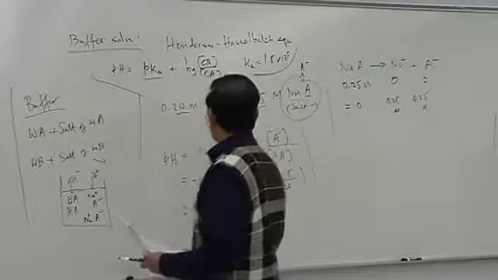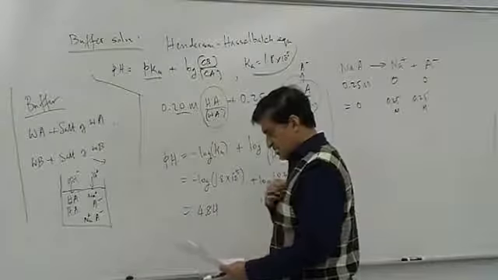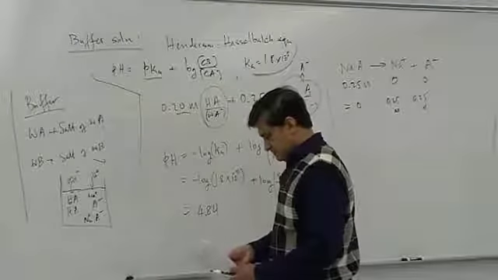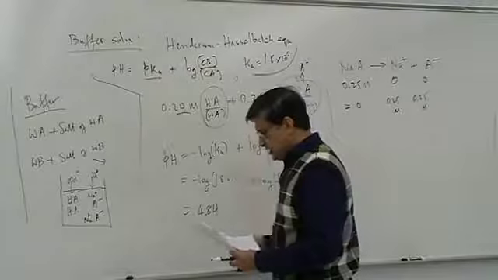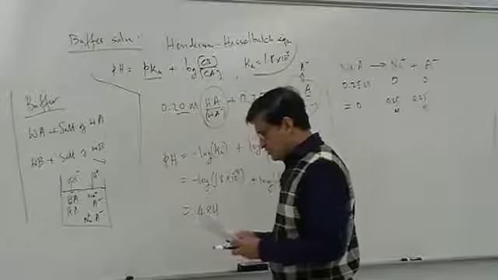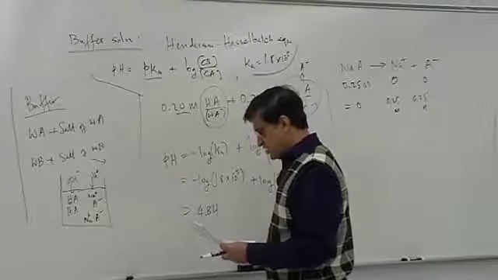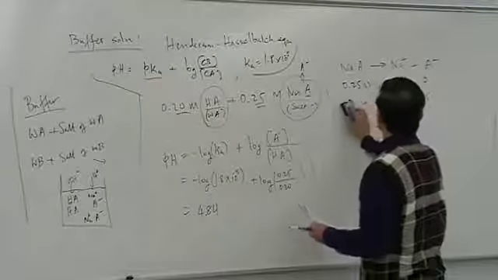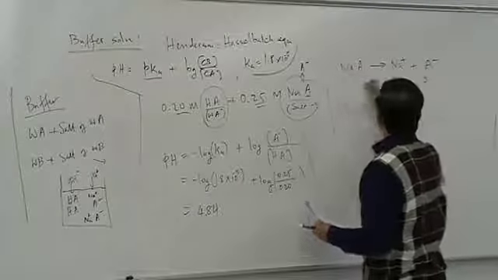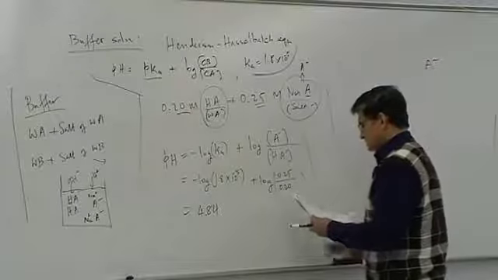Now instead of saying that I'm adding 0.20 molar to 0.25 molar sodium acetate, what we're going to do is add 0.03 moles of HCl and see how it changes the pH value. So this is going to be slightly different from our previous problem.